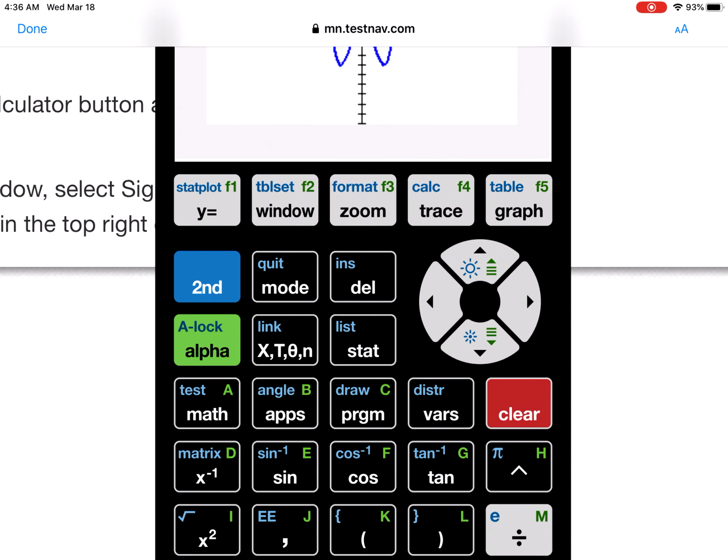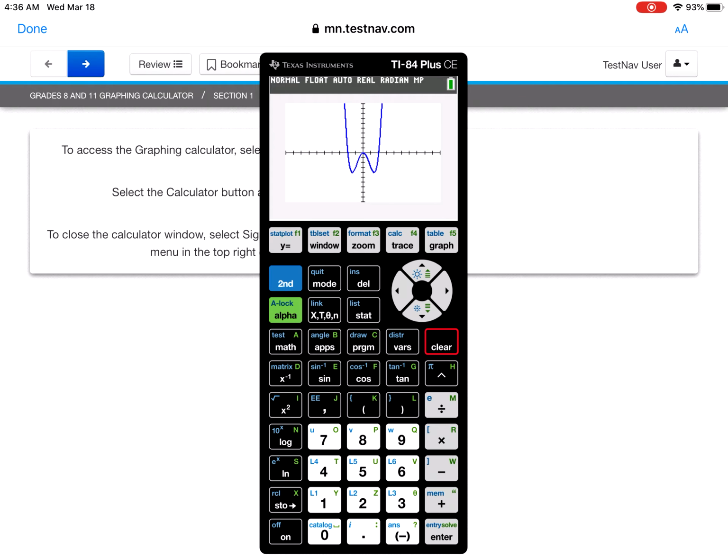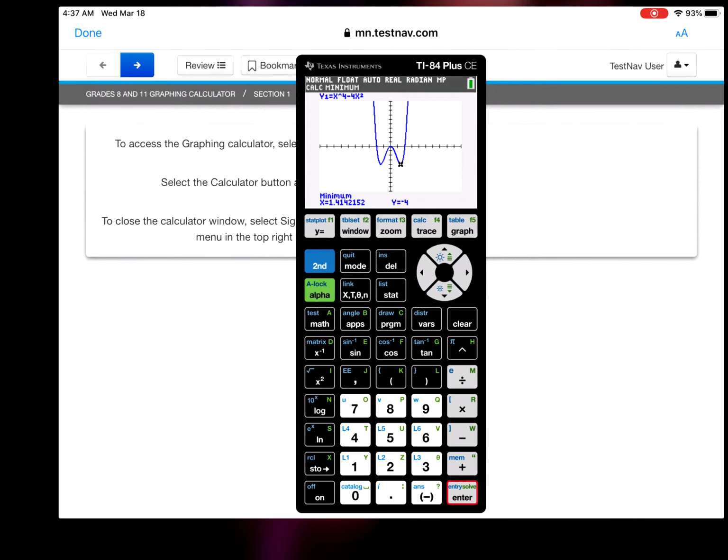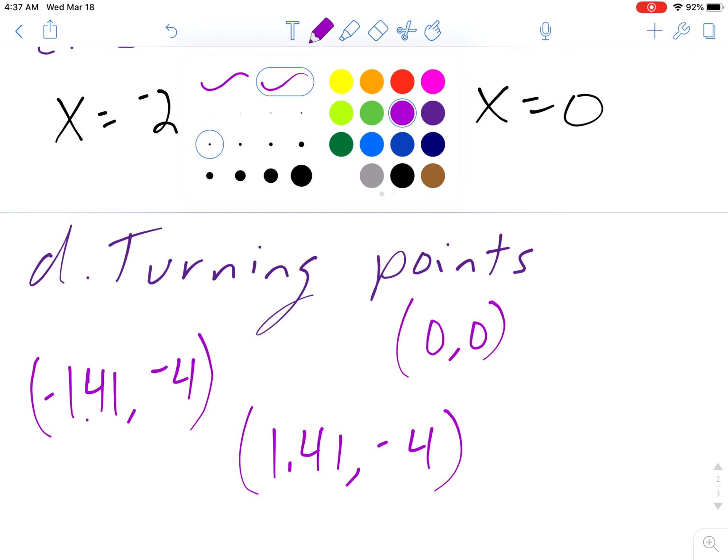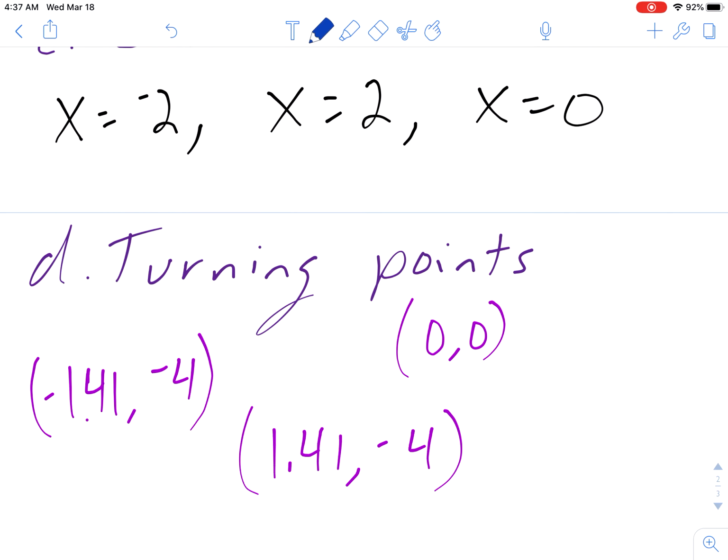The other one looks like it's just symmetric with that, so second calc, do the other min, left bound, right bound. Yeah, so it's just symmetric with that. It's the positive 1.41, comma -4.